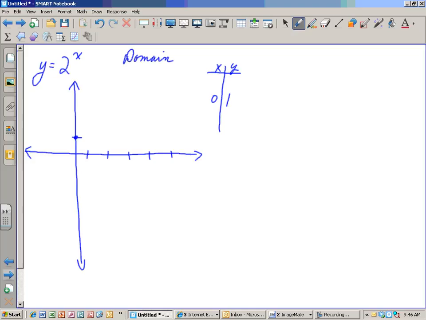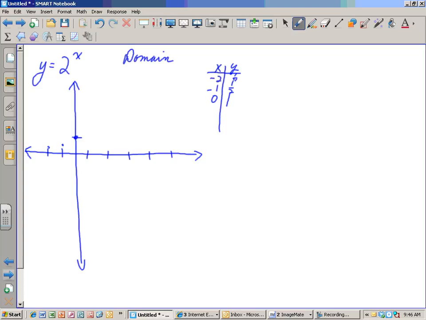Can we have negative exponents? Yes. We saw that last couple sections, right? When x is negative 1, 2 to the negative 1 is 1/2. When it's negative 2, it's 1/4. So we'd have a point here. We would have a point here.